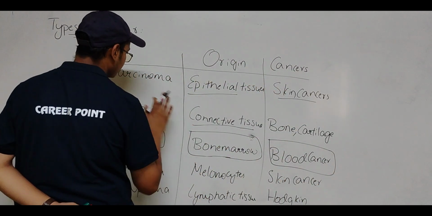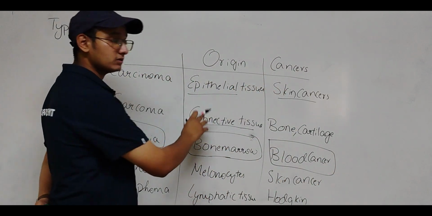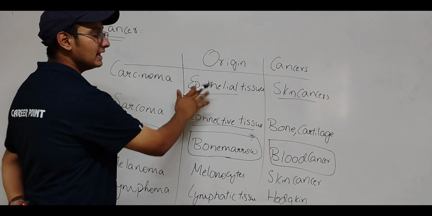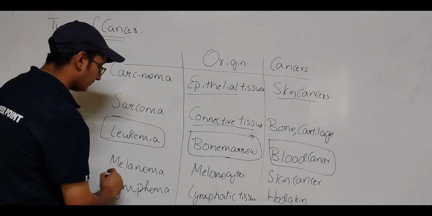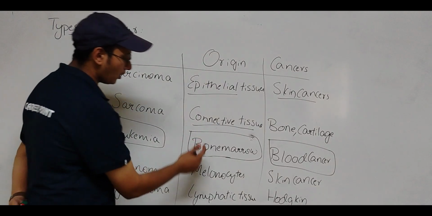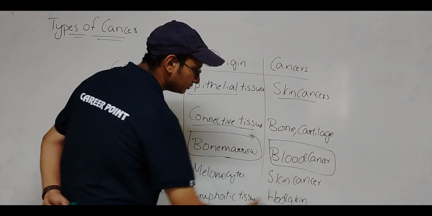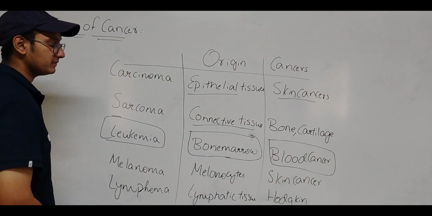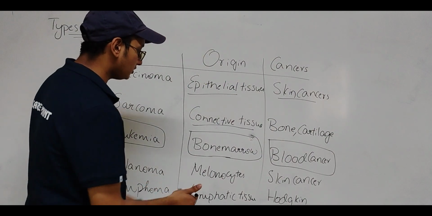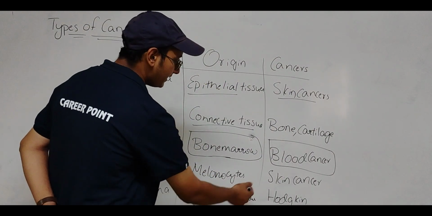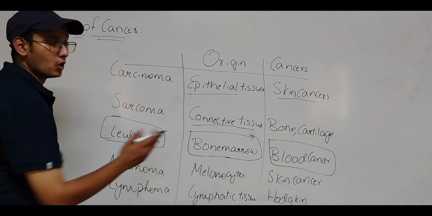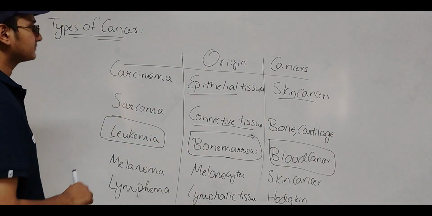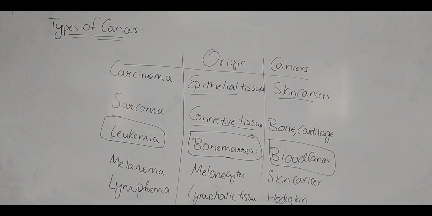Melanoma originates from melanocytes and leads to skin cancers, and lymphoma originates from lymphatic tissue, producing cancers like Hodgkin cancer. And these are the types of cancers.